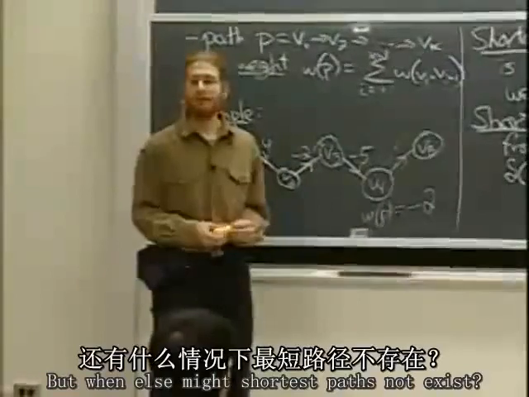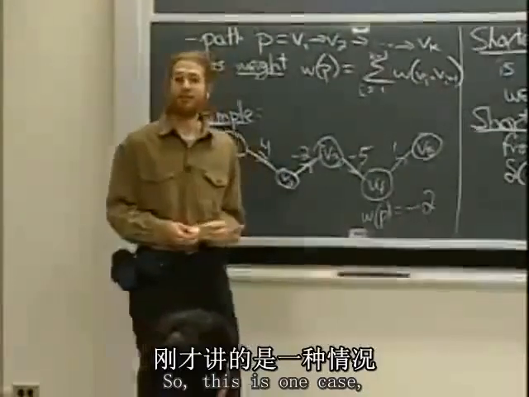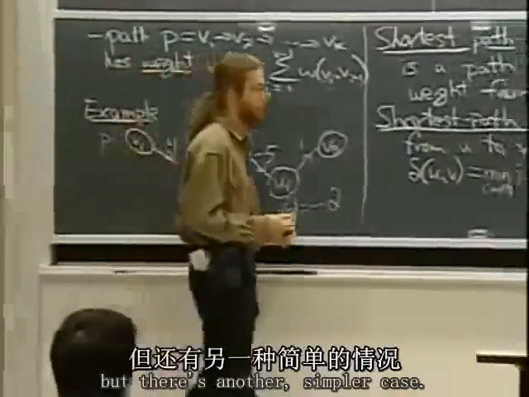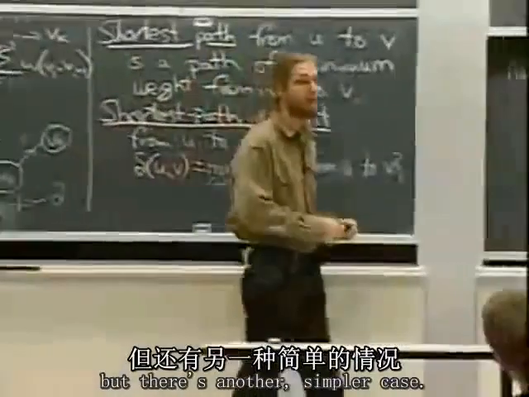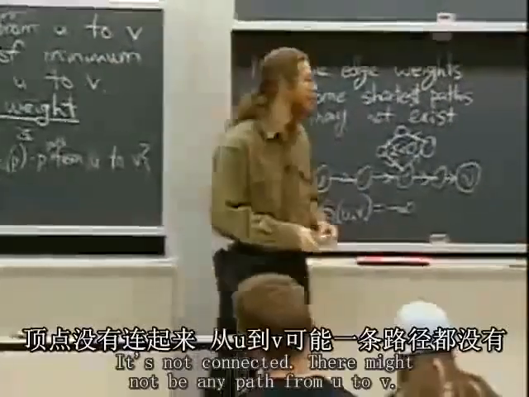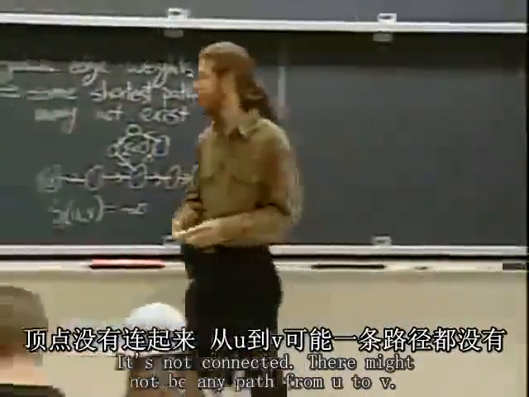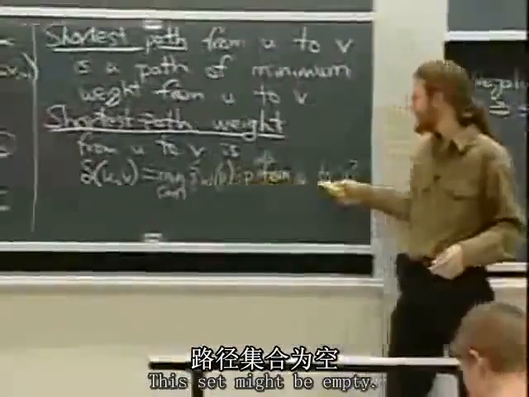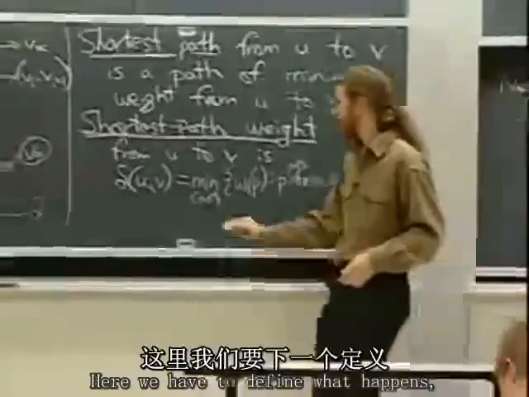But when else might shortest paths not exist? So this is one case, but there's another, a simpler case. It's not connected. There might not be any path from U to V. This set might be empty. Here we have to define what happens.